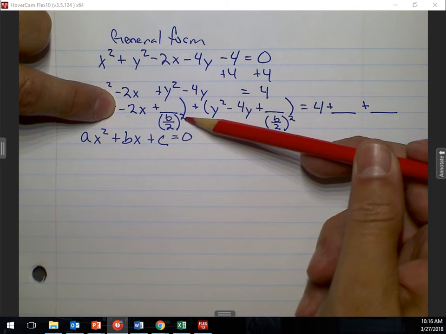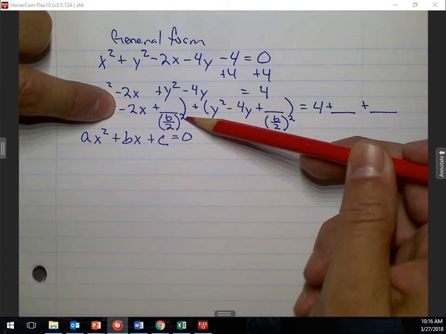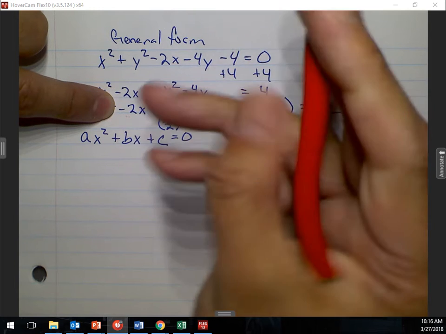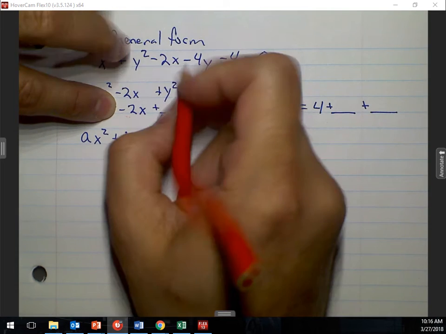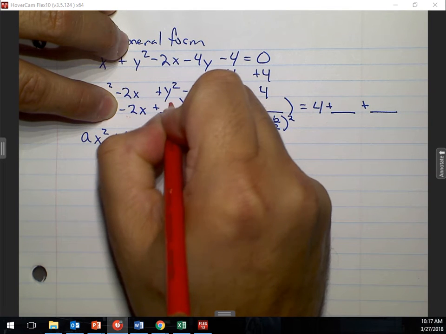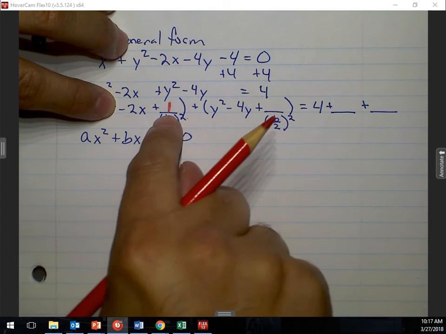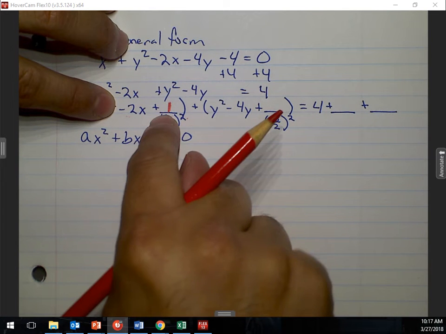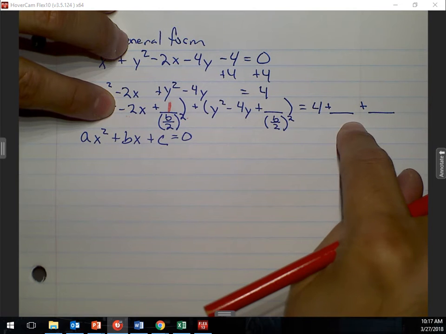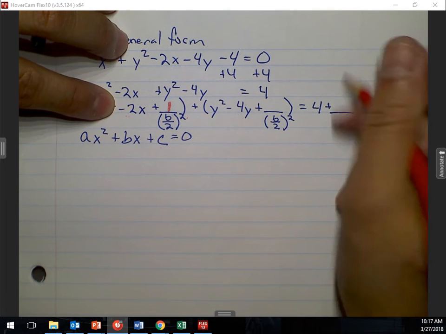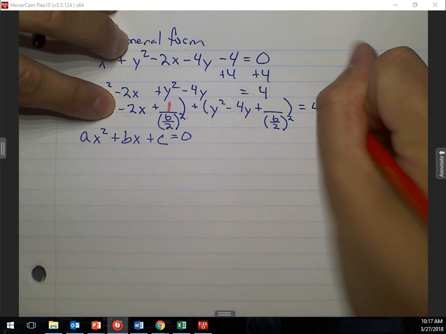What's -1 squared? -1 times -1 is +1, right? So this is going to be a +1. And what I said over here, whatever I add to one side, I must also add to the other. So this one over here is this +1.